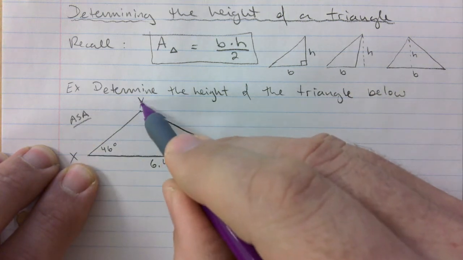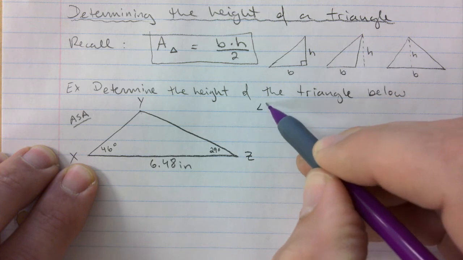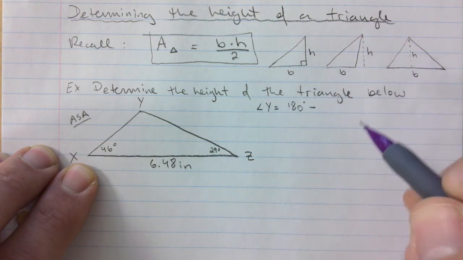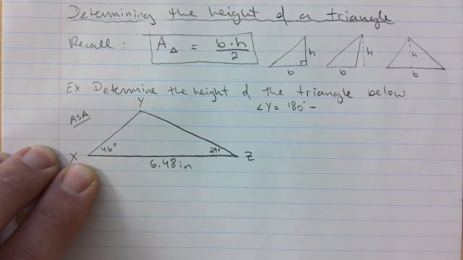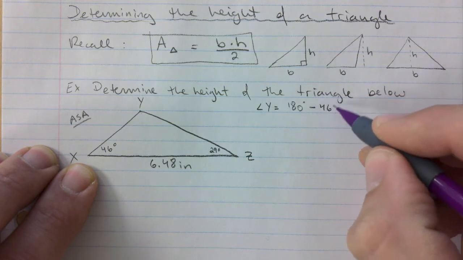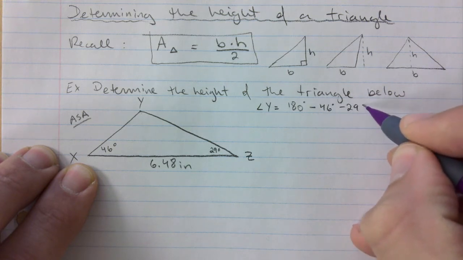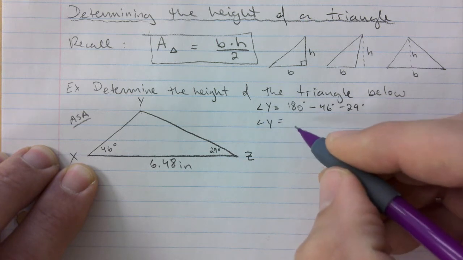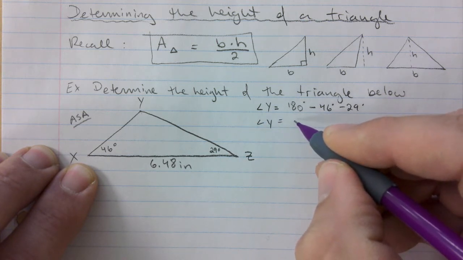We're going to find angle Y here. That's going to be our first order of business, and then we're slowly going to inch our way towards finding the height of this triangle. So we subtract the angles like so, and you get 105.